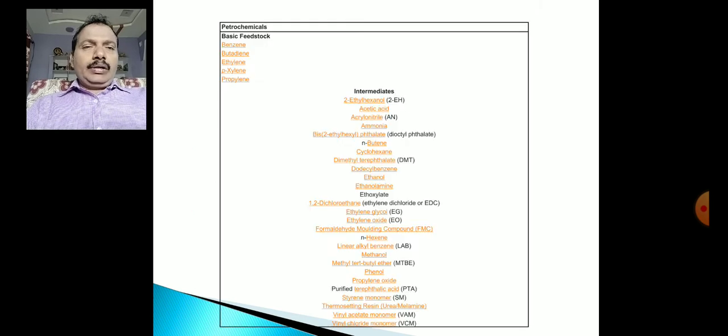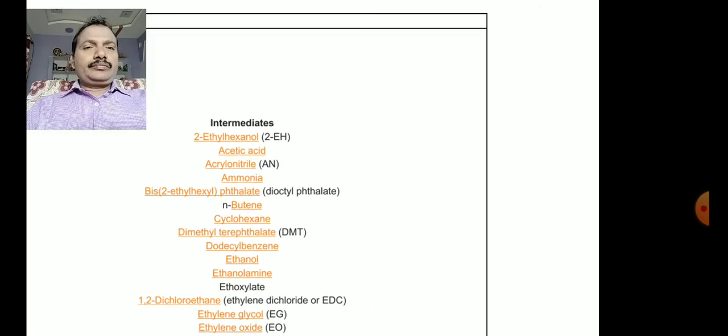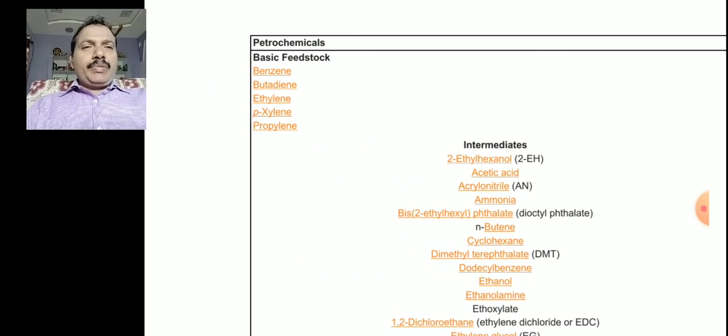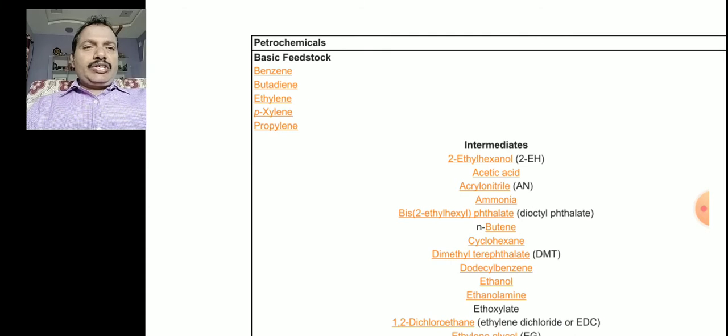Now let us see the basic feedstocks and intermediates in a table. Here, if you observe, the basic feedstocks are benzene, butadiene, ethylene, p-xylene, and propylene.